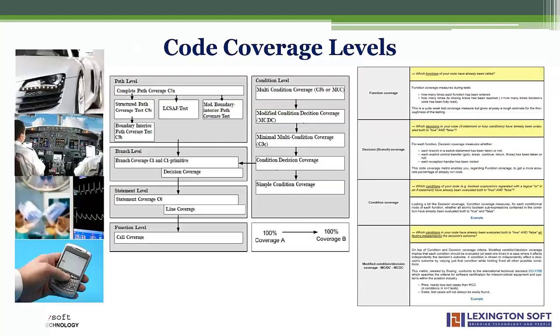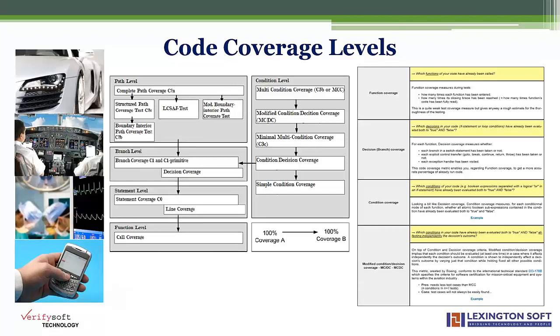In order to understand code coverage, we need to look at the different coverage levels, because coverage levels are extremely critical when we discuss code coverage, and these relate to safety critical standards. At the lowest level, we have function coverage or call coverage.